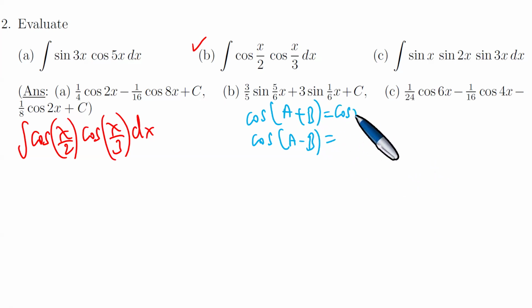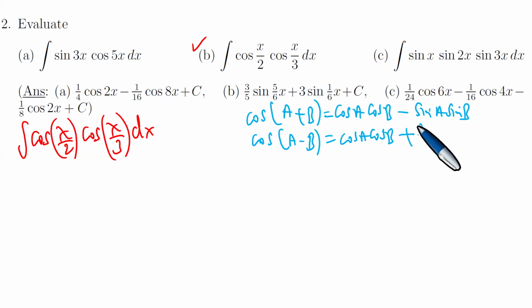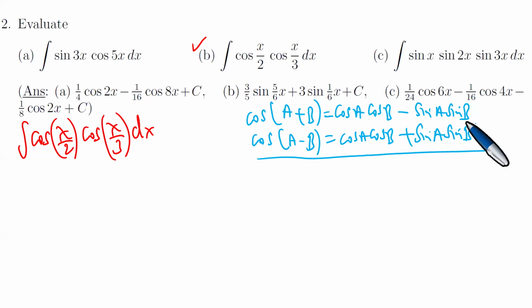So you do here cosine A cosine B minus sine A sine B. And then here you do cosine A cosine B plus sine A sine B. Okay, now you have this equation 1 and this is equation 2, and then you're going to add them up, 1 plus 2.